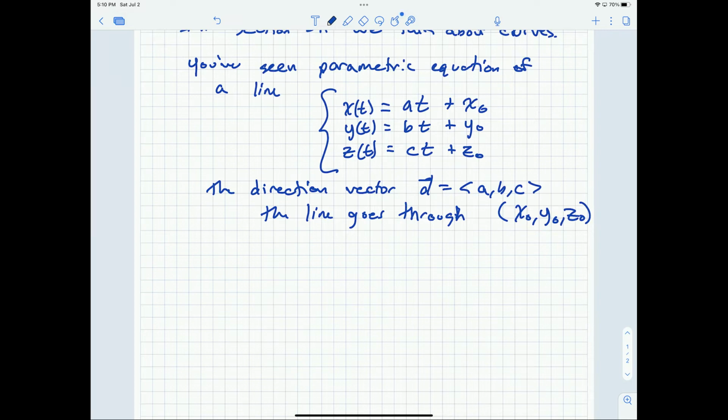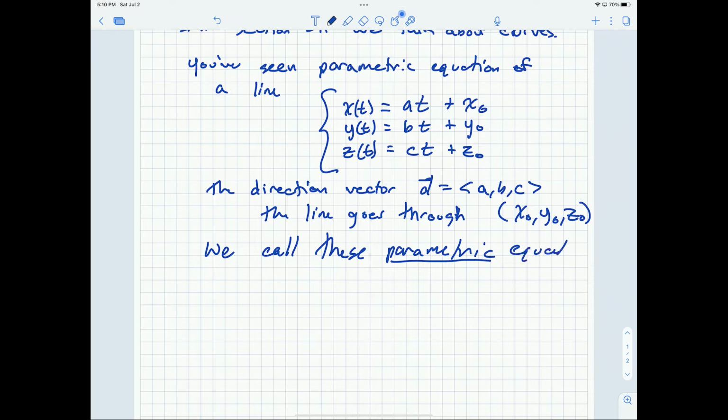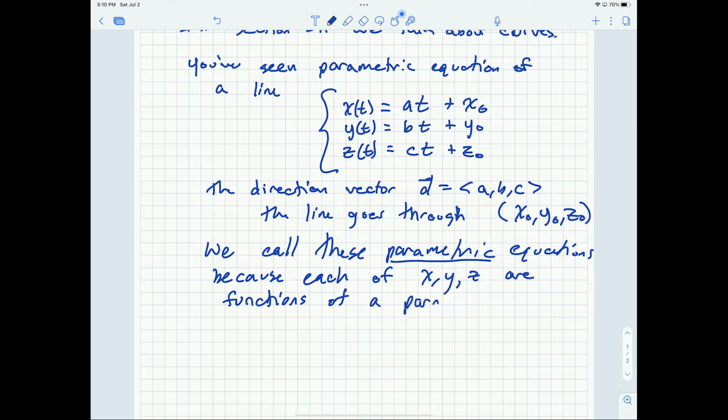We call these parametric equations because there's one parameter. Each of the variables we care about, x, y, and z, are functions of a parameter, t.